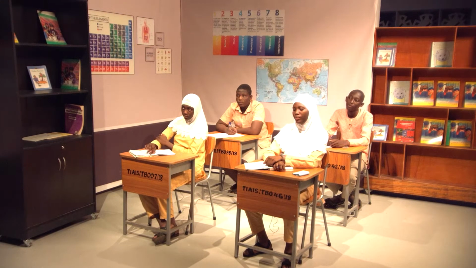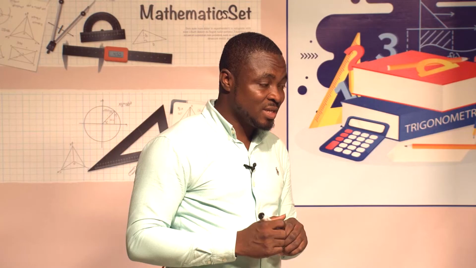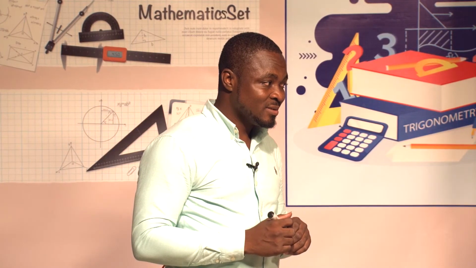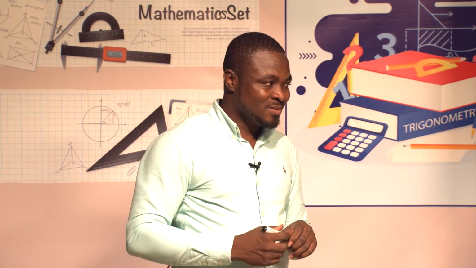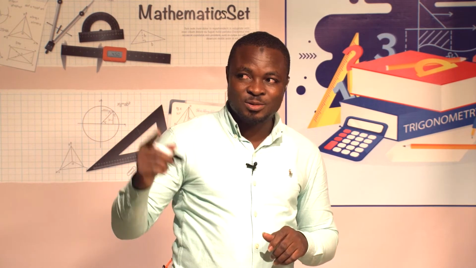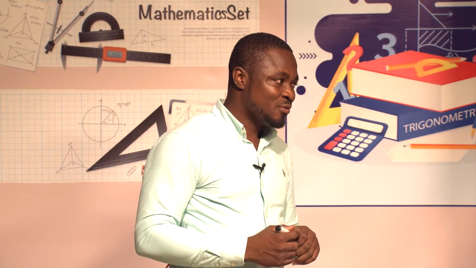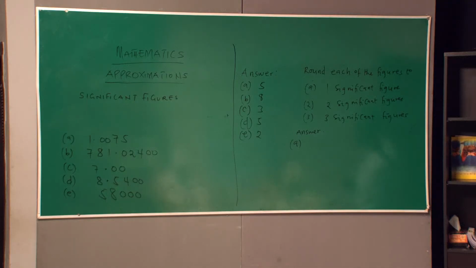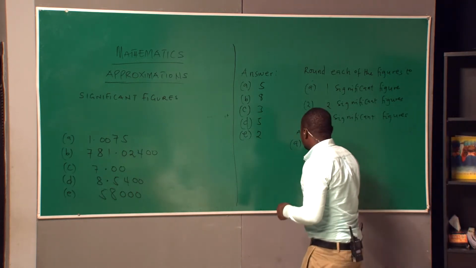Only 1 significant figure. Yes, Asifa? 1.0. 1.0000. So the zeros become what? Only 1 significant figure. It means the others become what? Yes. 0.